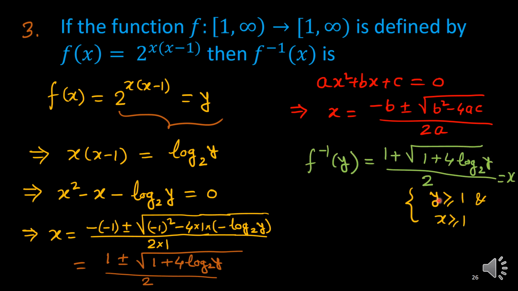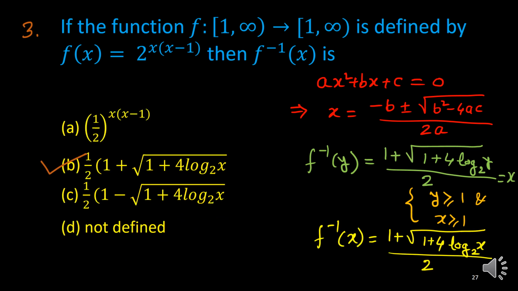So here y is more than 1, it is fine, but x should be again more than 1. It will be more than 1 if I consider only plus sign. If I consider minus sign, it will become less than 1. That you can check. Thus only plus sign will be considered. Okay, thus choice is only B.